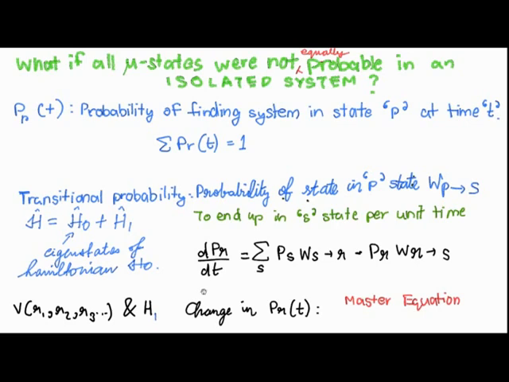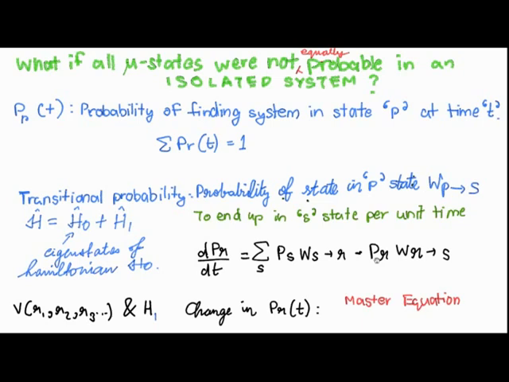However, dPR/dt could be non-zero. dPR/dt could also be 0 when the individual terms under the summation have a finite value. Then each of them are non-zero, but the sum of all these terms is equal to 0, and then the system is in steady state. There's a net current from one microstate to the other because each of the individual terms are non-zero.